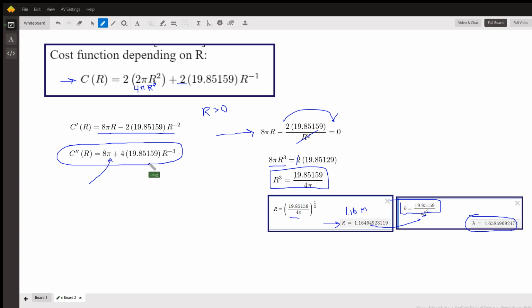Well, I don't care what number you put in here for r. This is like something over r cubed. 8 pi is a positive number. r cubed is a positive number. So it's positive, which means the curve is concave upward everywhere. So this value of r, which has a horizontal tangent line there, creates a minimum surface area.